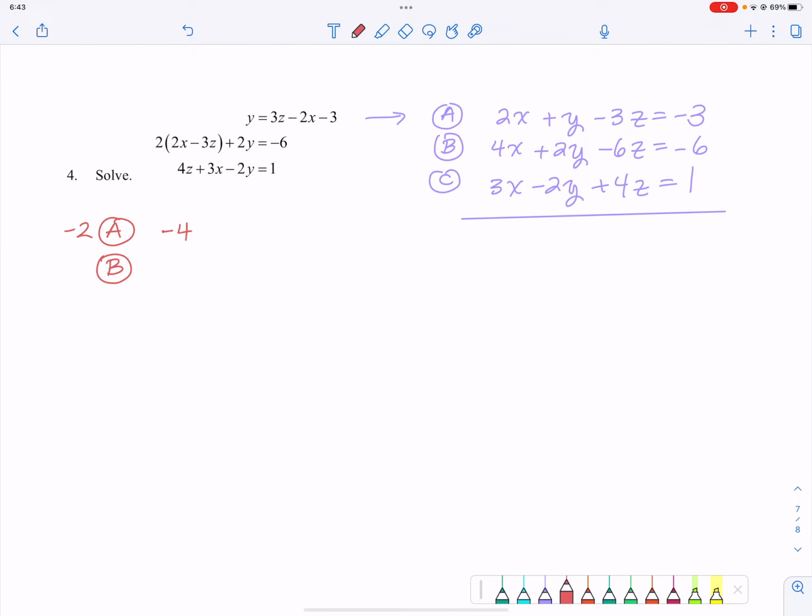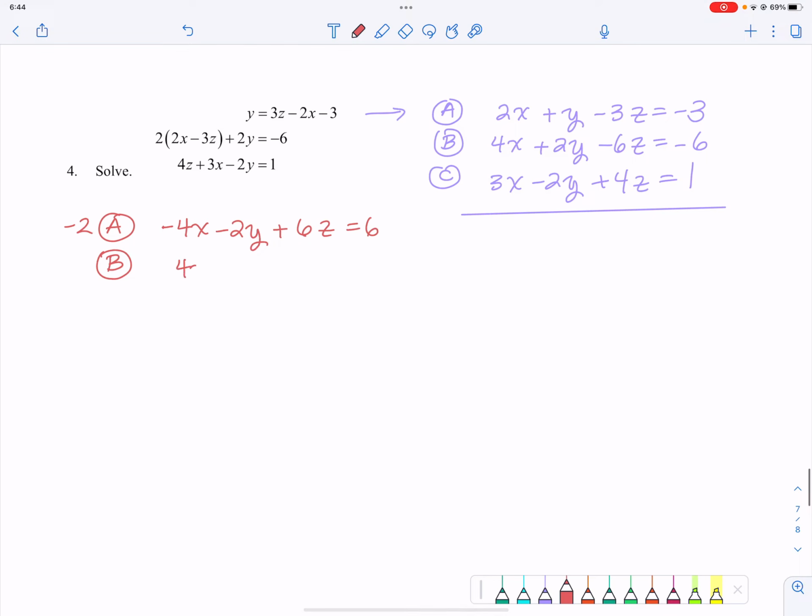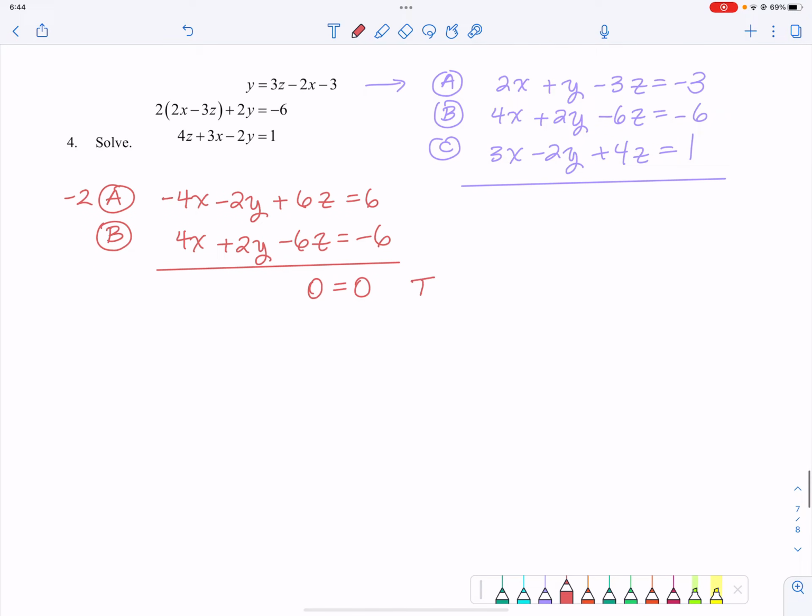So we have a negative 4x minus 2y plus 6z equals 6. And then we have 4x plus 2y minus 6z equals a negative 6. What happens? We get 0 equal to 0. This is a true statement.